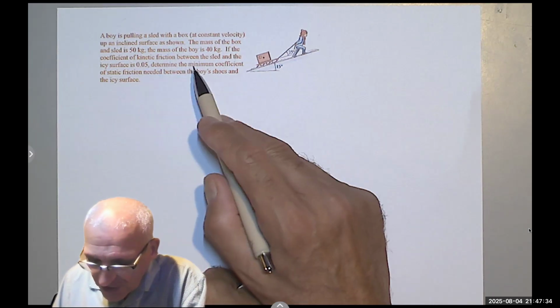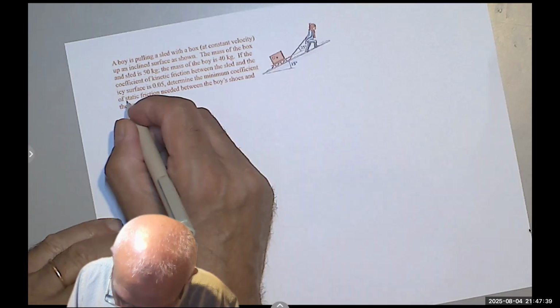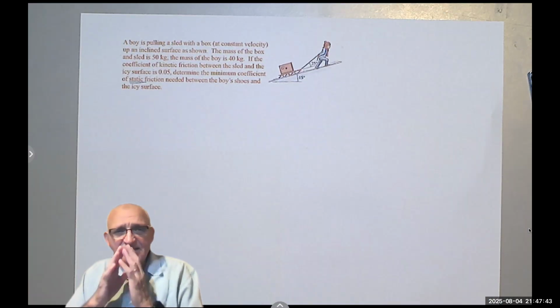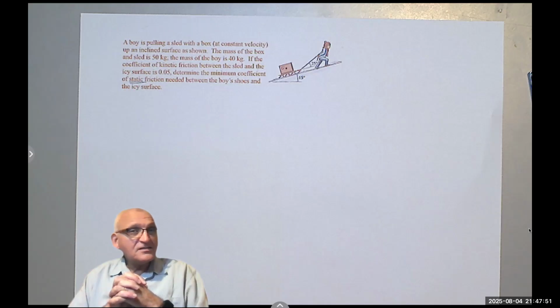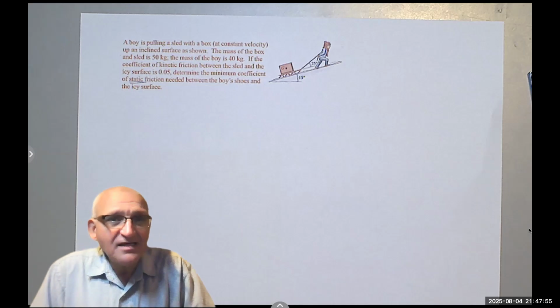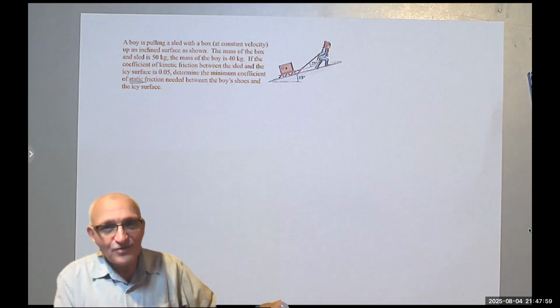And they want you to determine the minimum coefficient of static friction needed between the boy's shoes and the icy surface. Why did they say static friction, not kinetic friction? Yes, because the boy will not be sliding at constant velocity, or else he will be going down, right?